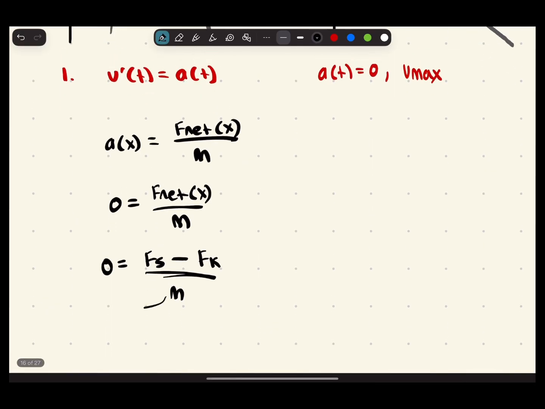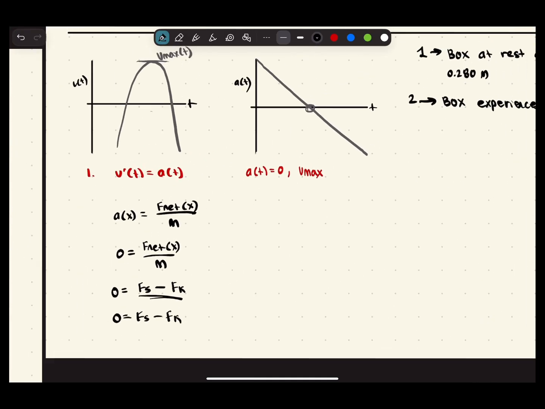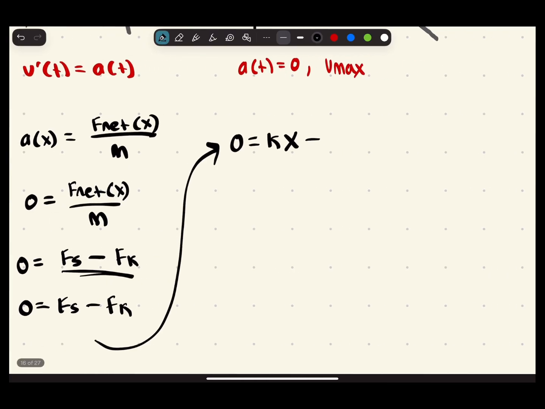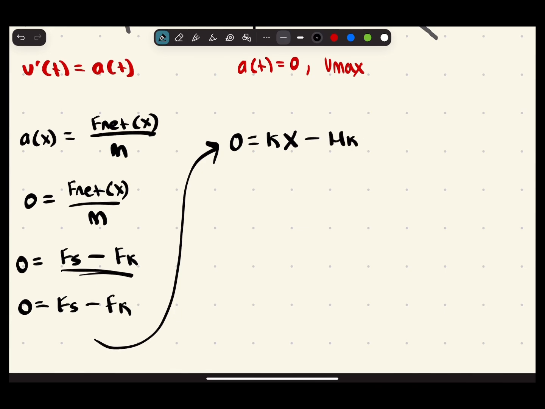Now what we can do is just multiply that m by the 0, and we have the force from the spring minus kinetic friction. Now we need to get some variables into here. The force of the spring equals k times x, and the force from kinetic friction is mu k Fn.